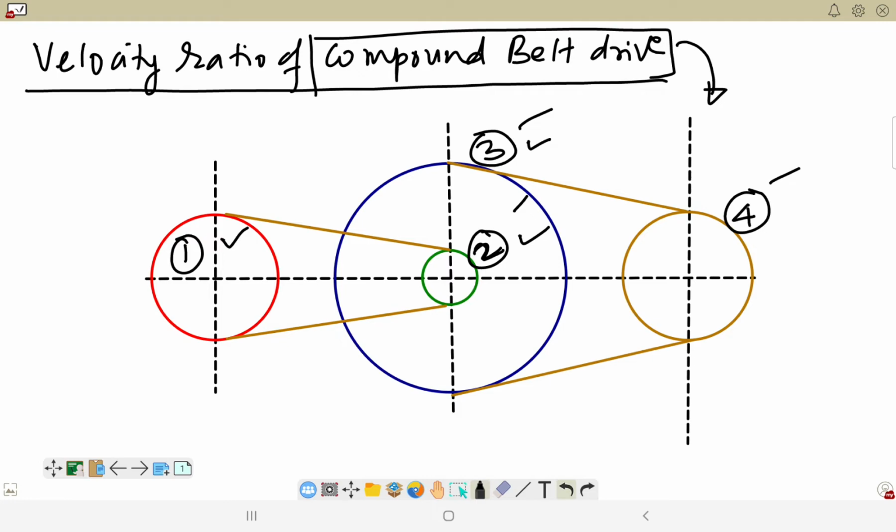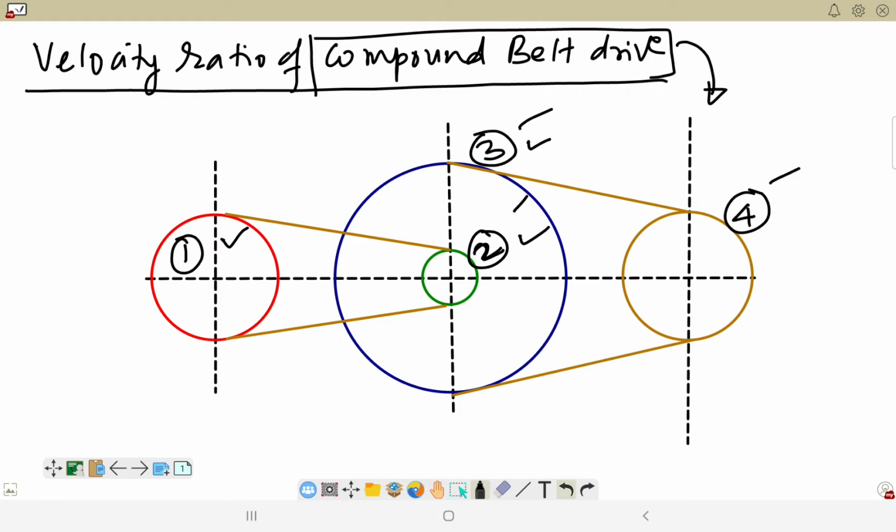Here we are going to learn how to determine the velocity ratio of a compound belt drive. In the last lecture we saw how to determine the velocity ratio of a simple belt drive.